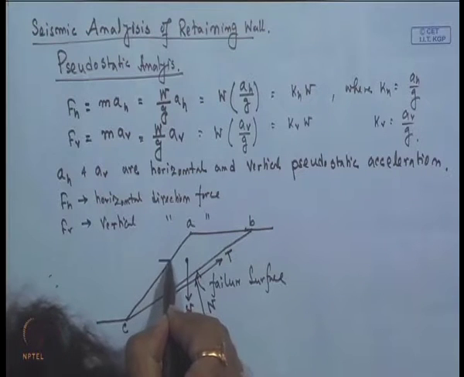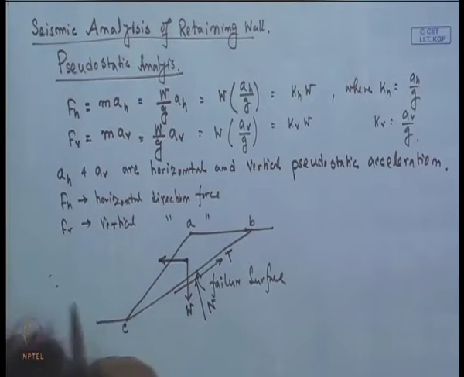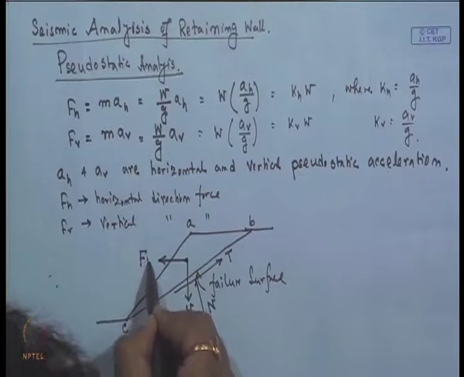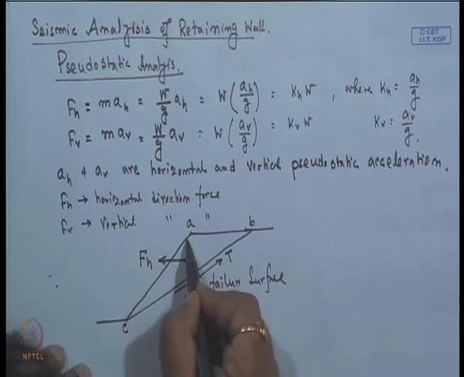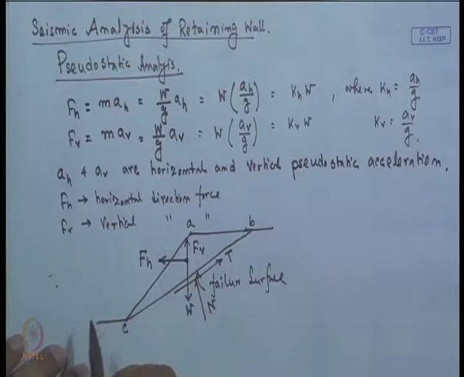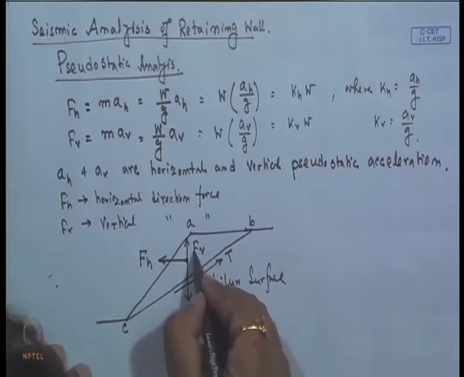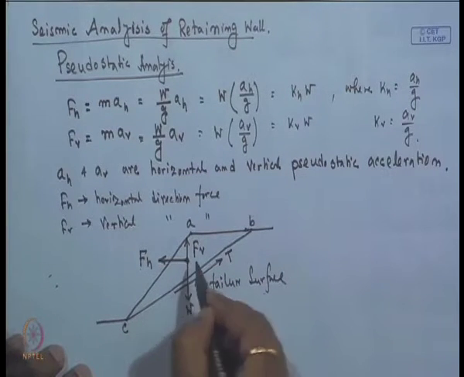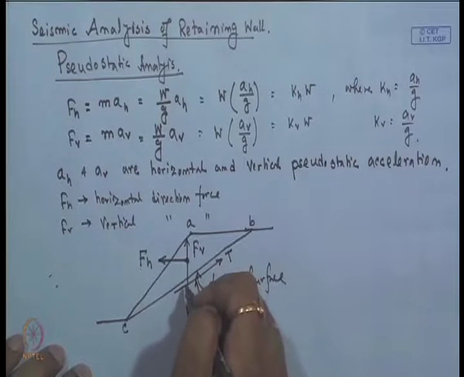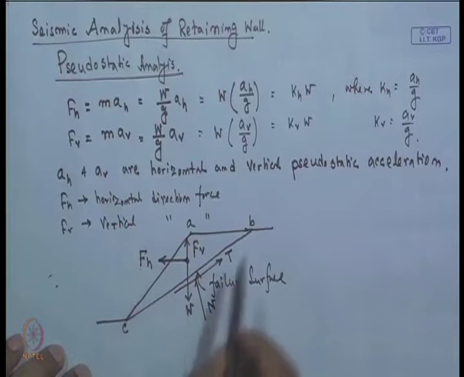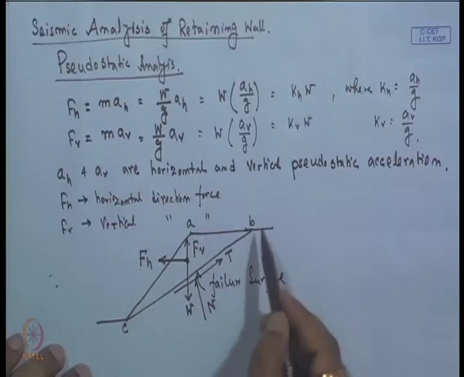One force in the horizontal direction is Fh and another in the vertical direction is Fv. These Fh and Fv are the two forces acting on this weight W, one horizontal and one vertical. This is the example of a slope.